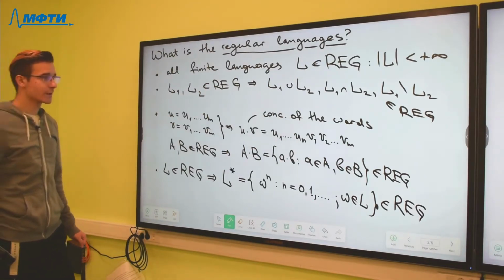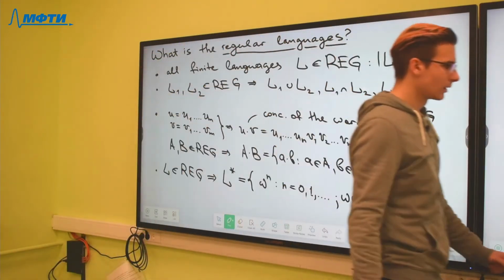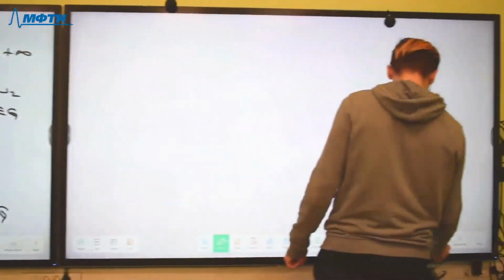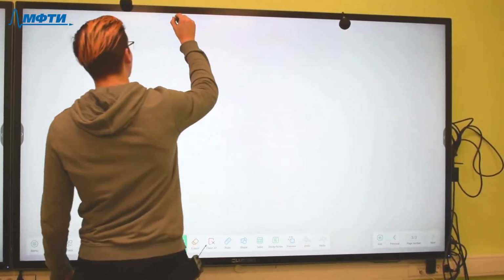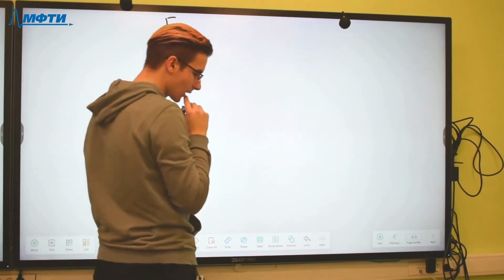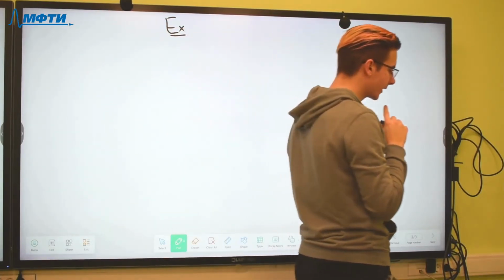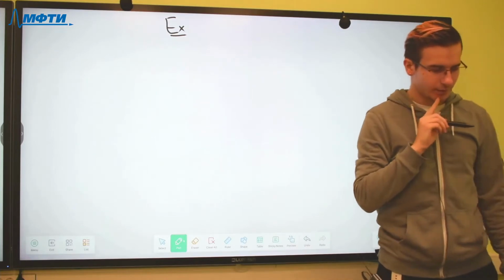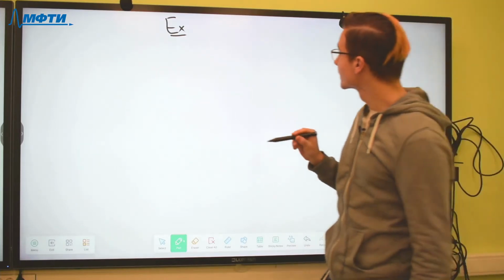So, for example, for all regular languages, we can write regular expressions.